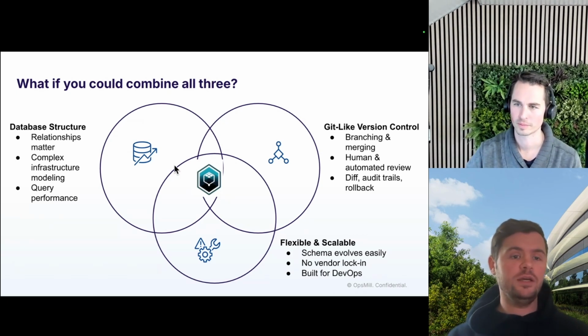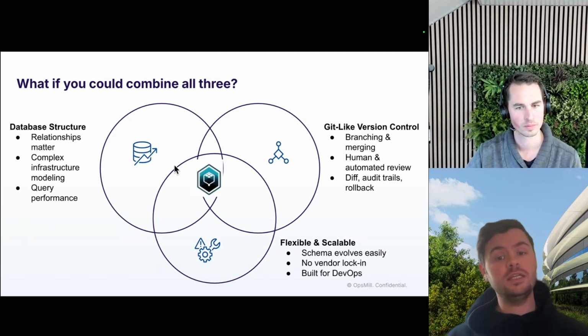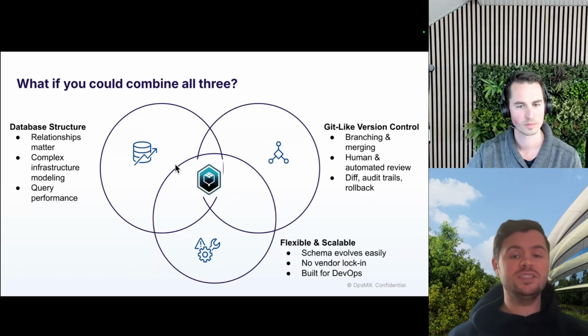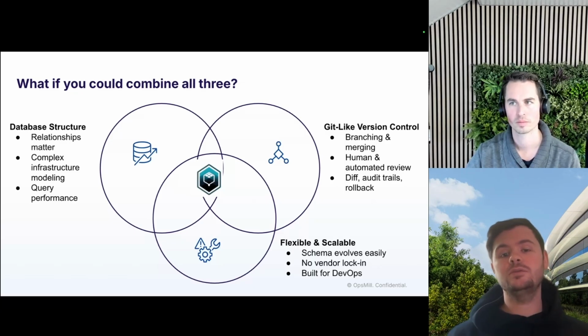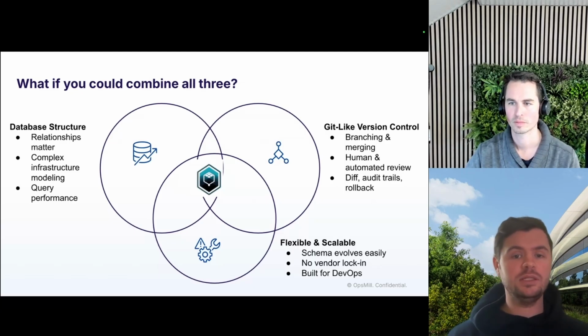We have an open schema so that you can define any schema you would like to see in Infrahub, from modeling cars if you would like to, or in our case, typically modeling network infrastructure. We built that on top of a version control that's very Git-like.